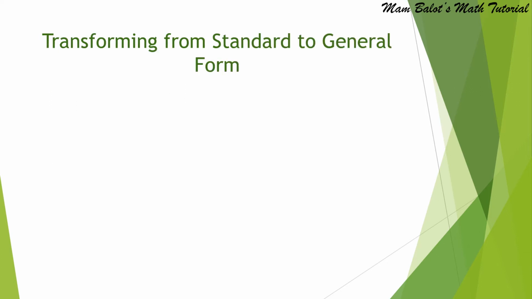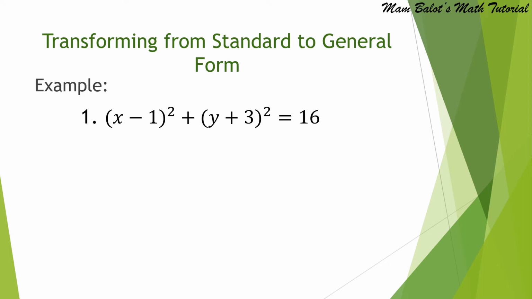Now let us transform the standard form of the equation of the circle to its general form. Example, number 1. We have (x minus 1) squared plus (y plus 3) squared equals 16. So this is a standard form of the equation of the circle.